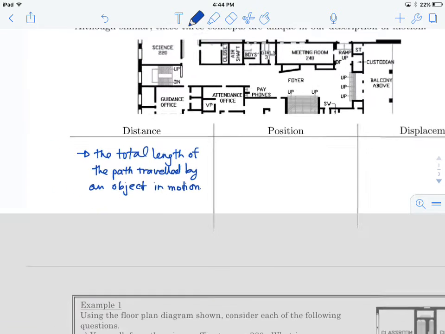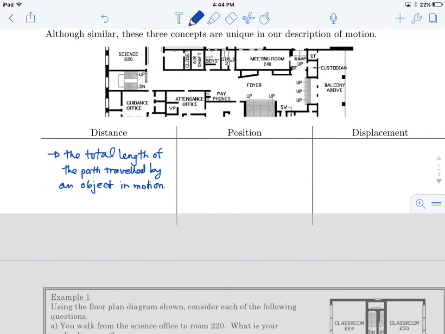Okay, and so that's what distance is all about. Total length of path that's traveled.